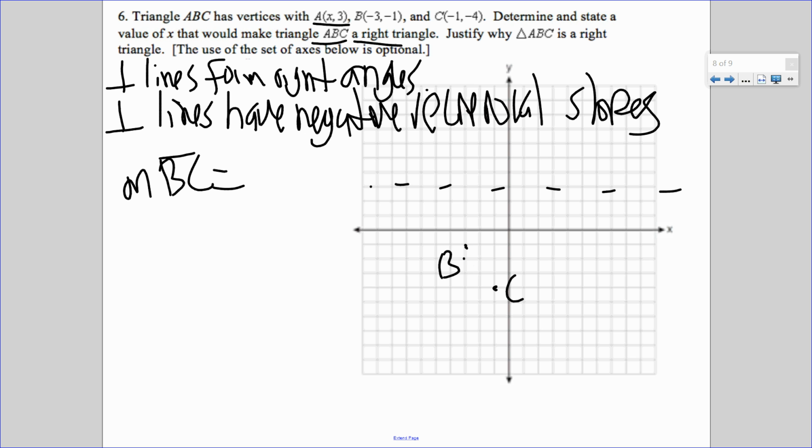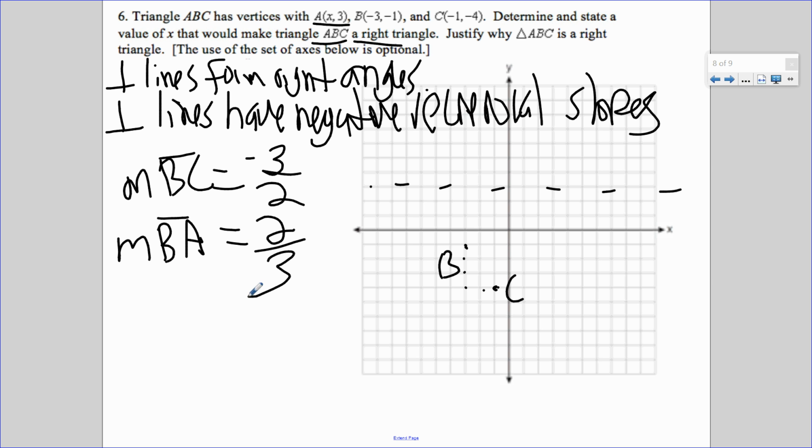It's down 1, 2, 3 over 2, which means that the slope of BA must be the negative reciprocal of that, which is 2/3. So I'm going to start counting up 2 over 3. Now I'm not at this line yet, so I'm going to keep on going up 2 over 3. I'm on this line. There it is.